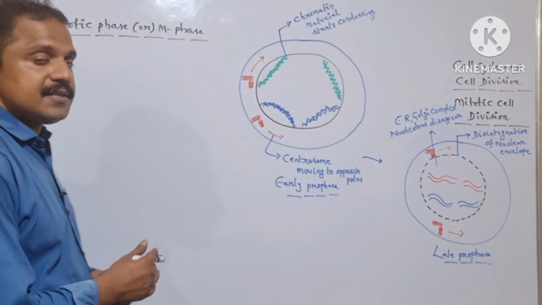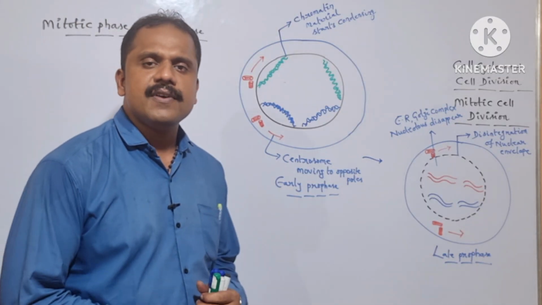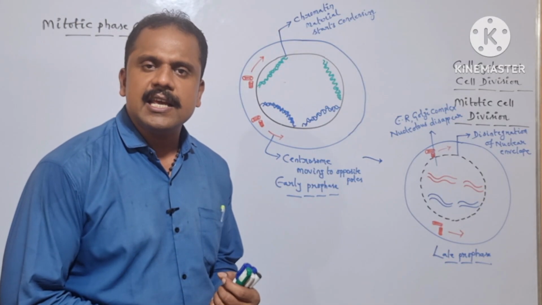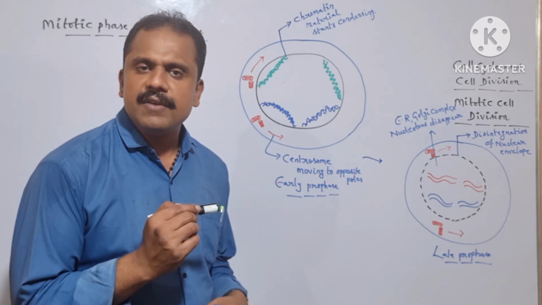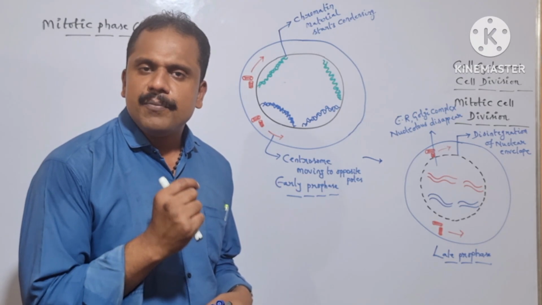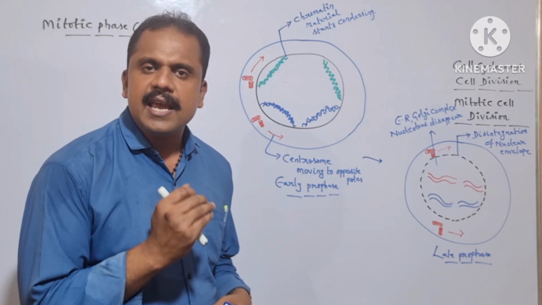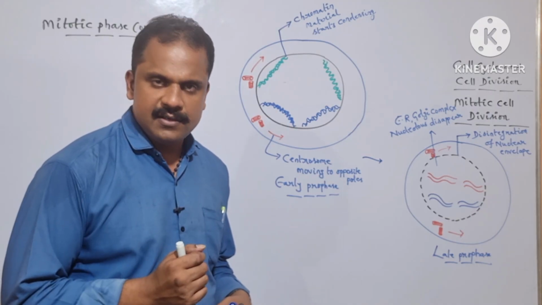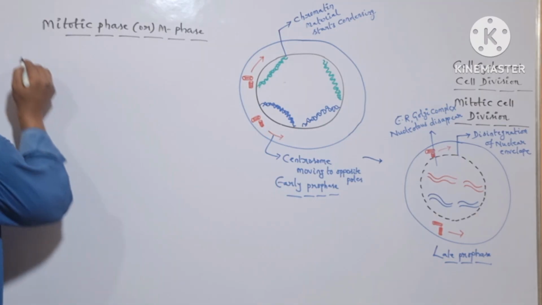As already mentioned, the mitotic phase or M phase can be well studied or explained under four different phases, and these include prophase, metaphase, anaphase and telophase. So let me write it here.